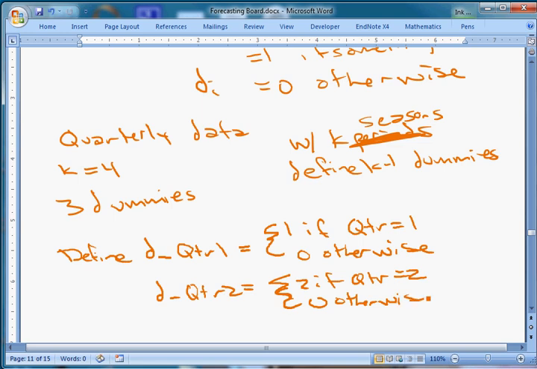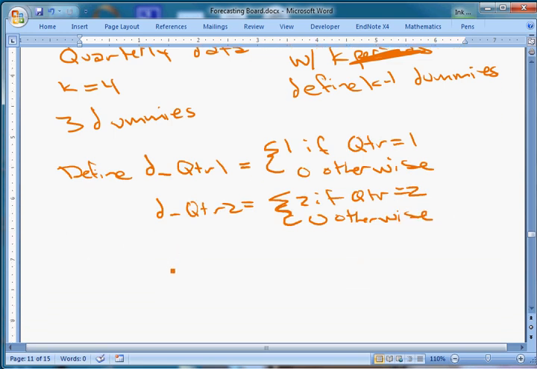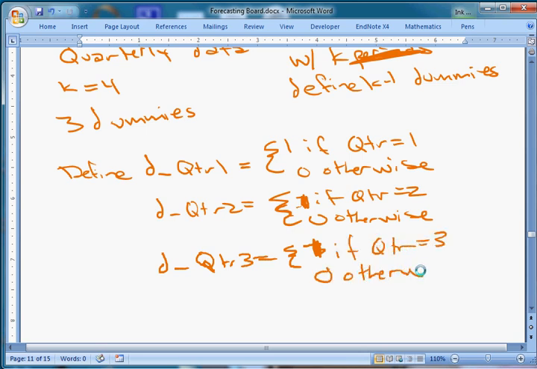You can see why I'm choosing to do quarters instead of months. But you can do the same thing with months. You just need 11 dummy variables, one for January through November. You always need to leave one omitted. D_quarter3 equals 1 if quarter equals 3 and 0 otherwise. Sorry, earlier I said 2, but it should be 1. Okay, and then you don't have a fourth quarter dummy.